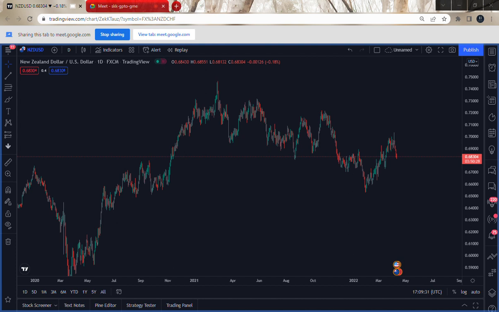Everything that we learned before, the nature's theory, the structure, the impulse and correction, we're going to be using it here when it comes to multi-time frame analysis, right?